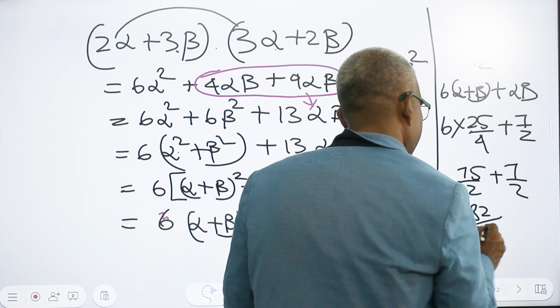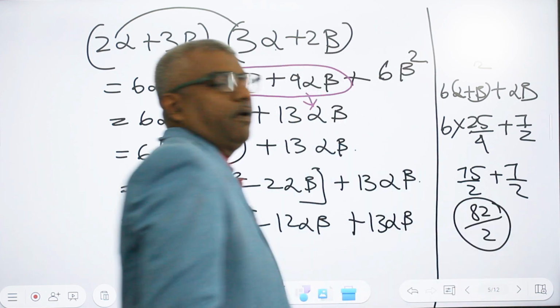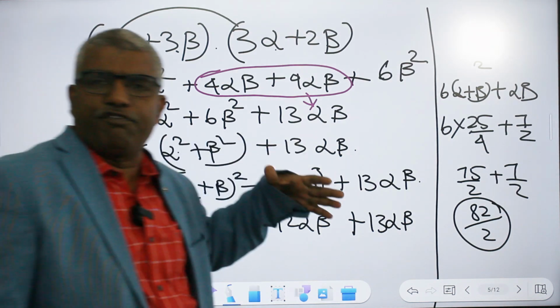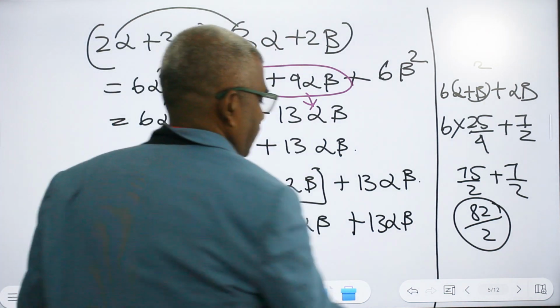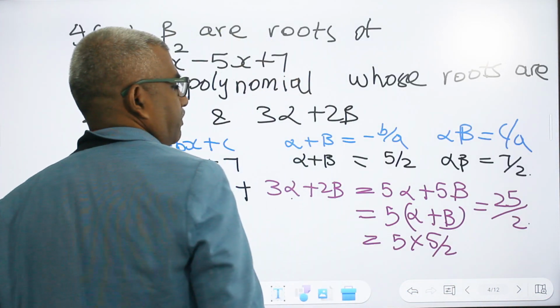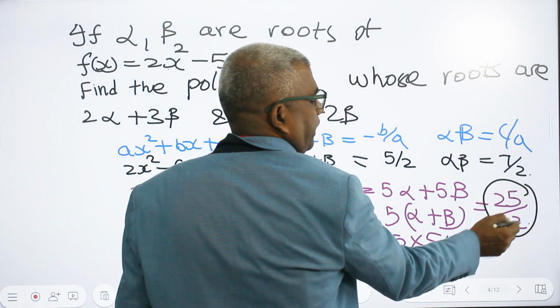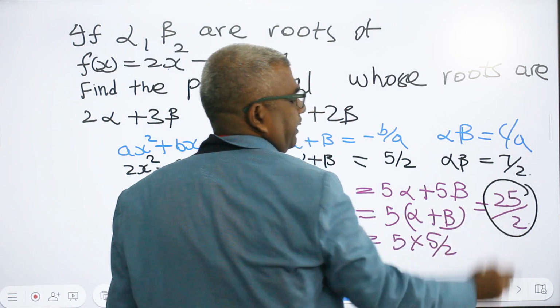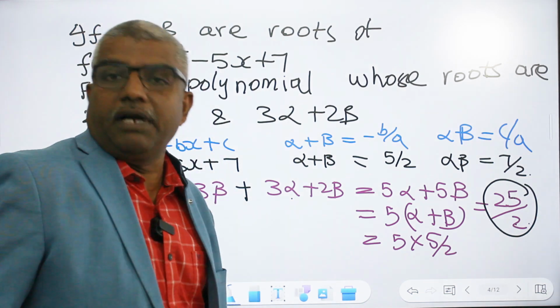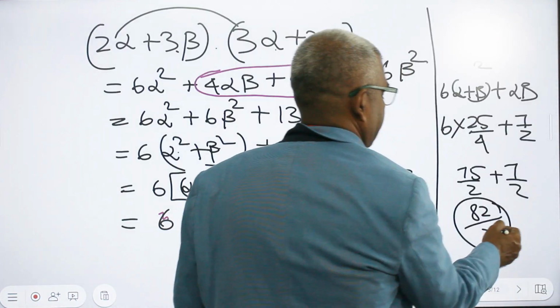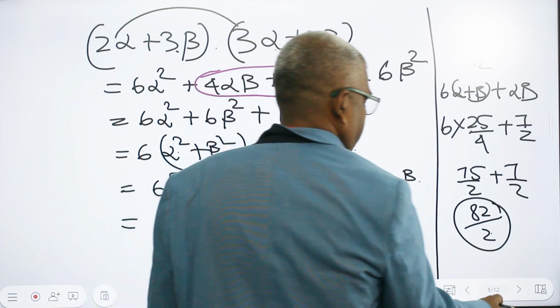So 82 by 2. Don't simplify to 41, because for alpha plus beta we found 25 by 2. Here it is minus b by a, my b is minus 25, so minus b is 25. Here also the same, 82 by 2.